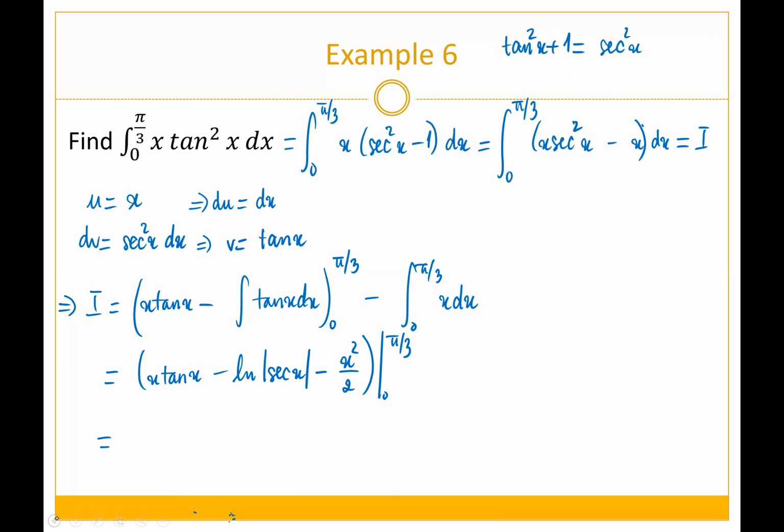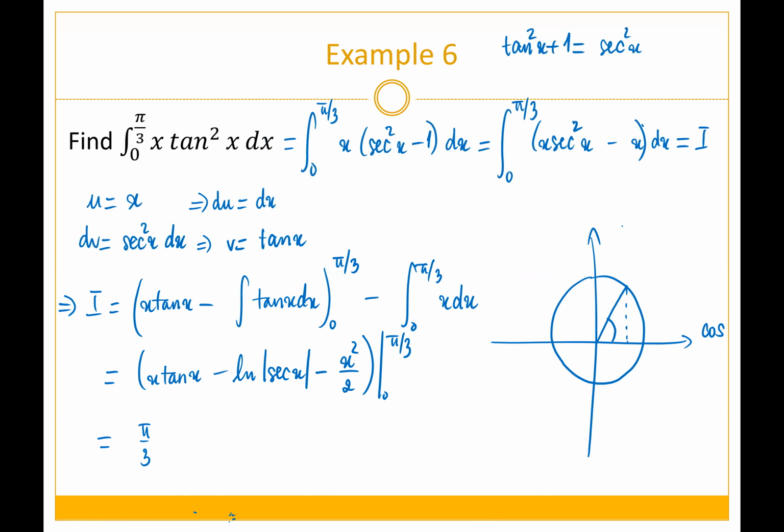So when you plug in pi over 3, we have pi over 3 times tangent of pi over 3, again, unit circle. This is cosine, this is sine. So tangent is sine over cosine. Sine of pi over 3 is square root of 3 over 2, and cosine of pi over 3 is half.